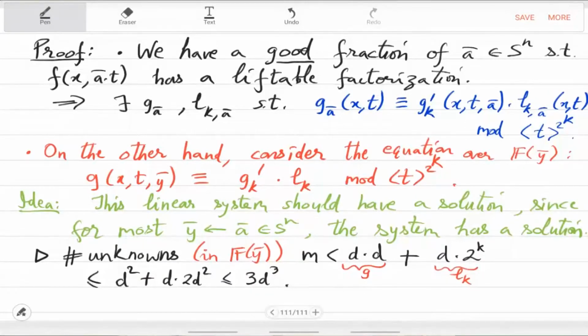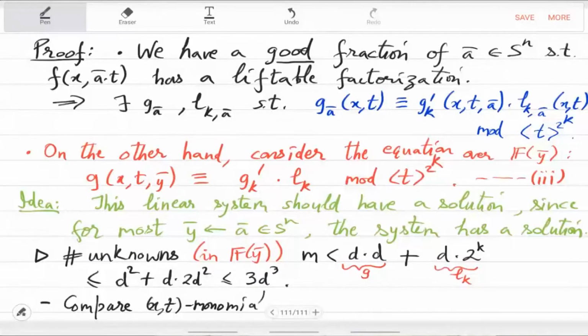So you get kind of this M cross M matrix, when you compare x t monomials on both sides, to get constraints.